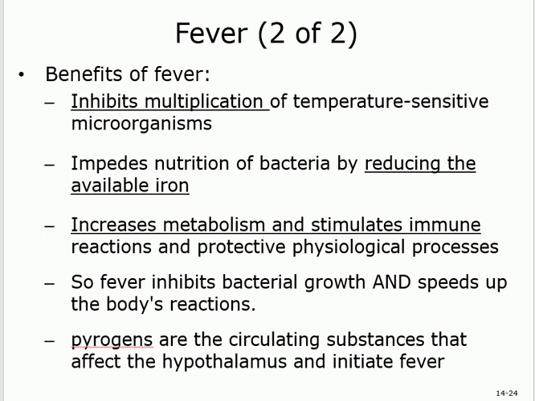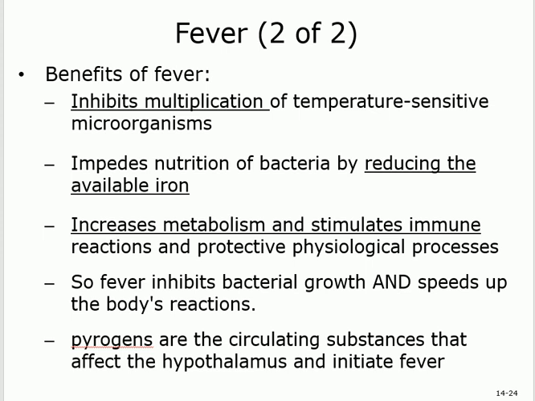Now, why is the fever good? Fever is not something that we like to have, but does it have a benefit? Yes. There are different things that are beneficial because of the fever. Number one, it inhibits multiplication of some microorganisms.